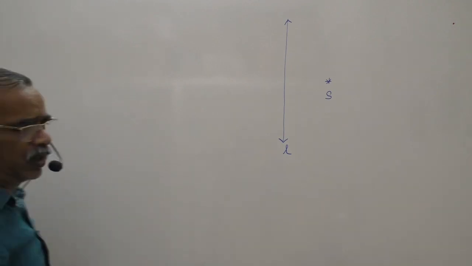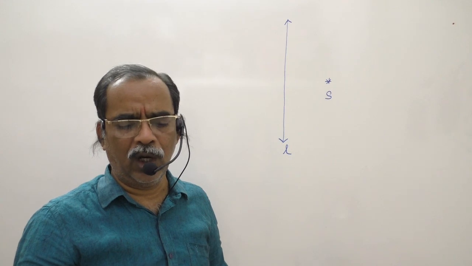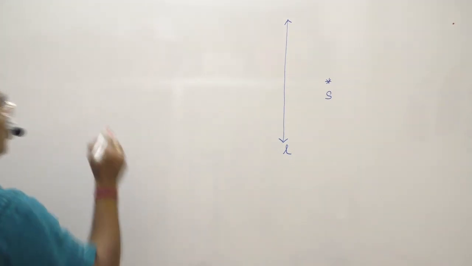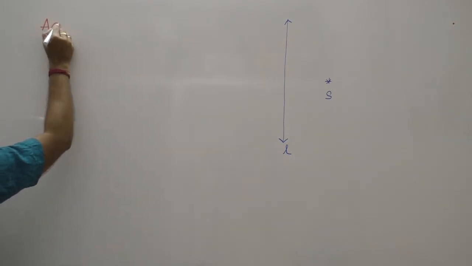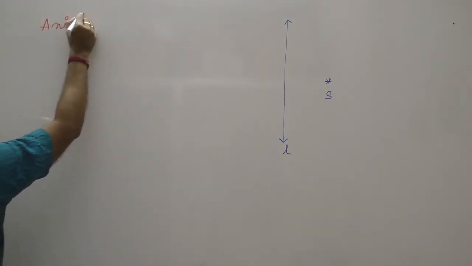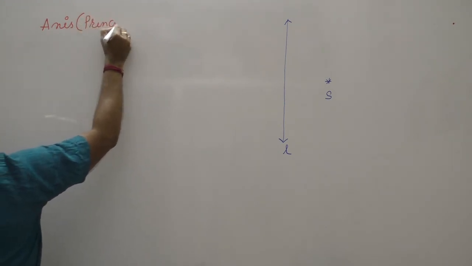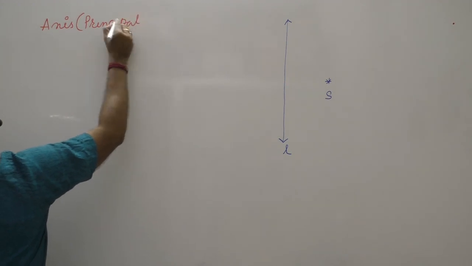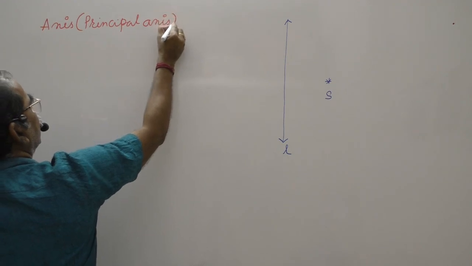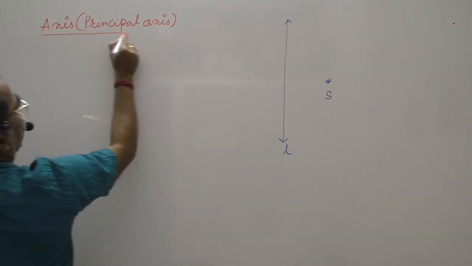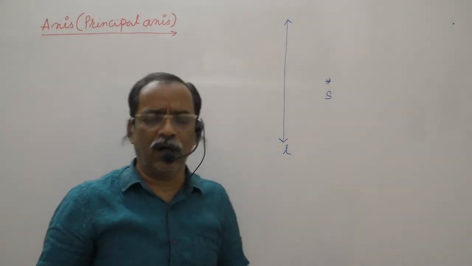Now let us know some more terms. These are all important. They work for all the three: parabola, ellipse, hyperbola. Firstly, I will write a definition. The first one is axis, or principal axis. Listen carefully. What is the axis of a conic?